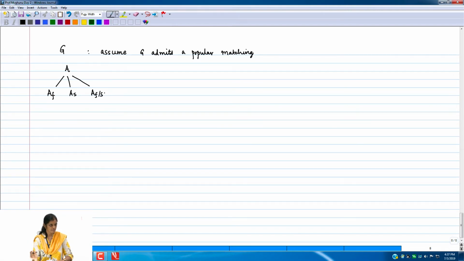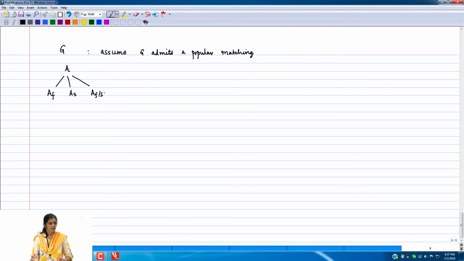There are other applicants who, irrespective of which popular matching is chosen, will always get matched to their S post. You can also construct examples of that kind, because the way you did, you could utilize your S post somewhere. You can also force that the F post is required at some other place, and you are always forced to be matched to your S post, right? So there can be applicants who belong to the set AS, and then there are applicants who sometimes get matched to their F post and sometimes to their S post.